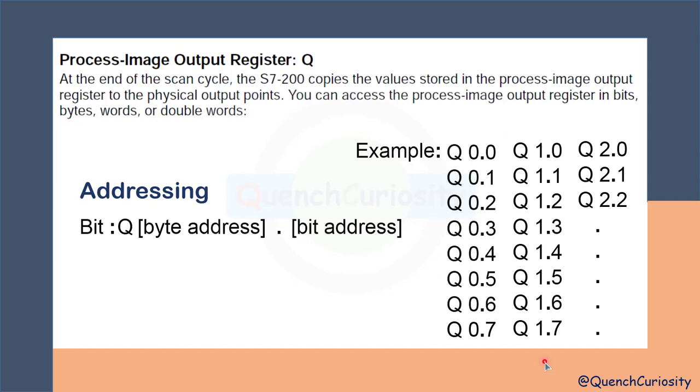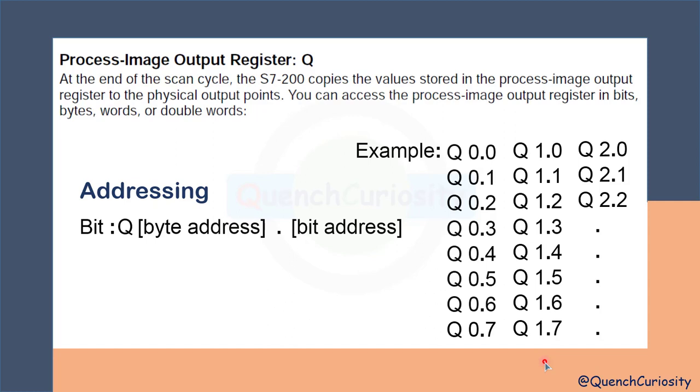Till this point, we understood the addressing format of input and output registers. Now before moving forward, I would like to take your attention to one critical point. Remember one thing: for any PLC, the inputs and outputs are limited.